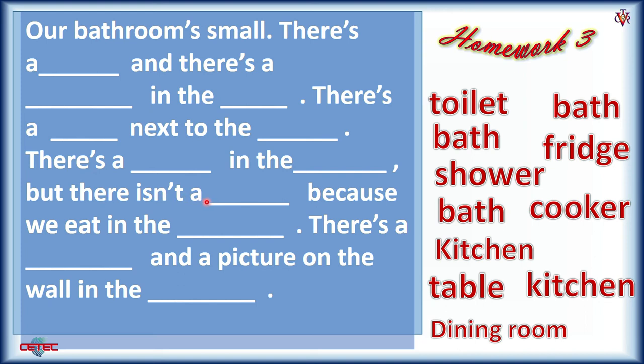But there isn't a, because we eat in the, there is a, and a picture on the wall in the. Don't forget to use those words to complete the sentence and complete this article. Homework number 3.